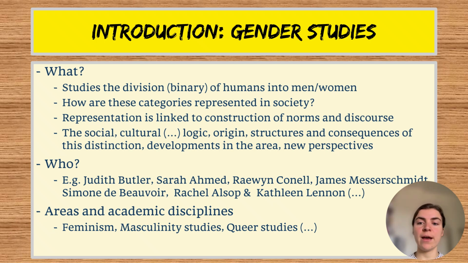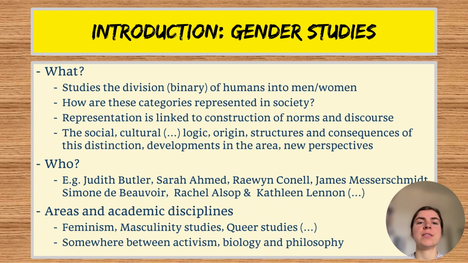You can have very different focus points within gender studies, and this is still related to this field of study. I would say that gender studies is somewhere between activism, biology, and philosophy. It tries to have a perspective on what this distinction of men and women means, how it is represented, and what the consequences are. And can we maybe also question this to make the world more inclusive and not exclusive as it is at the moment?